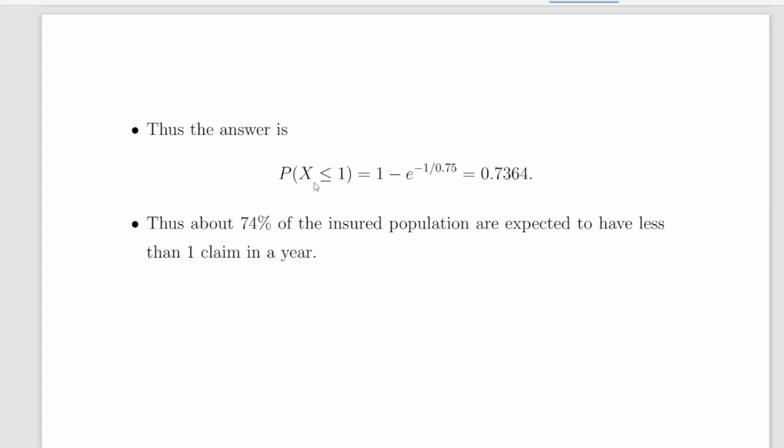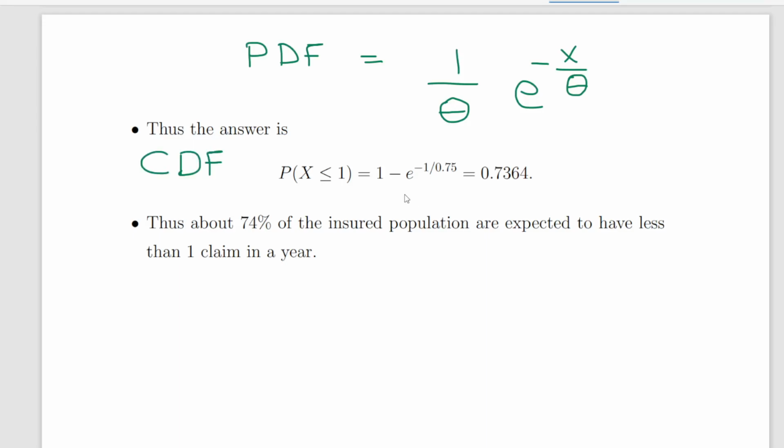So the probability density function is what we were given before. I'll just write it out here again: 1 over theta times e to the minus x over theta, where theta equals 0.75. Now, this is the cumulative distribution function, the probability that X is less than or equal to x.